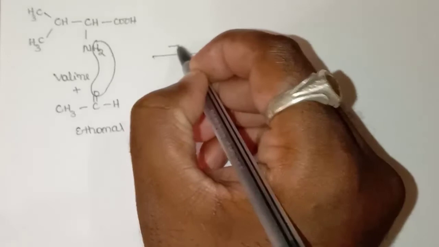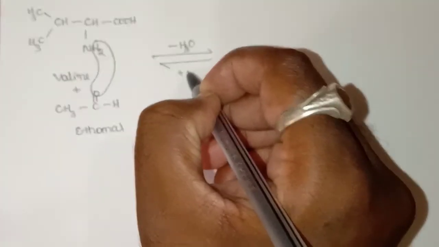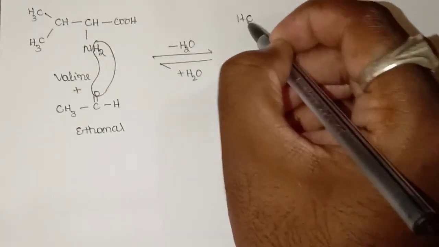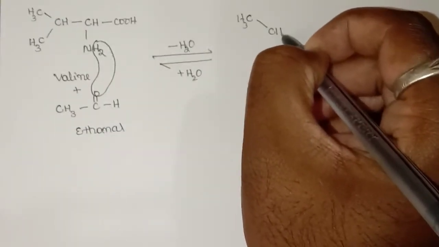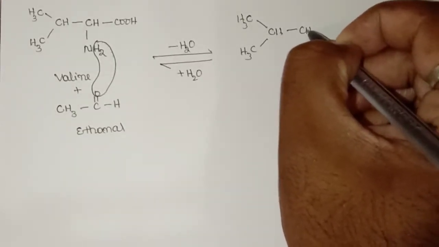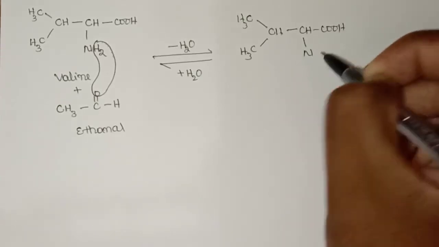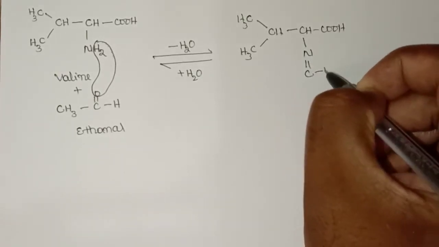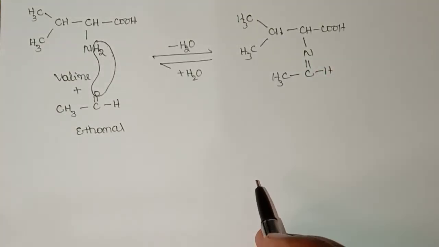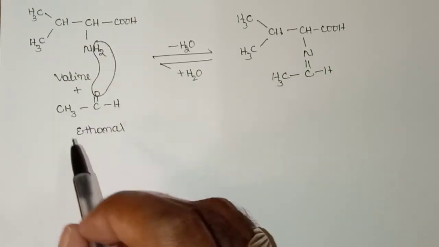So elimination of water will occur, and as I said, the reaction is reversible with H2O. So we are going to get CH3, CH, again CH3 over here, CH, COOH, and N double bond CH, CH3. So this is the compound we are going to get when valine reacts with acetaldehyde.